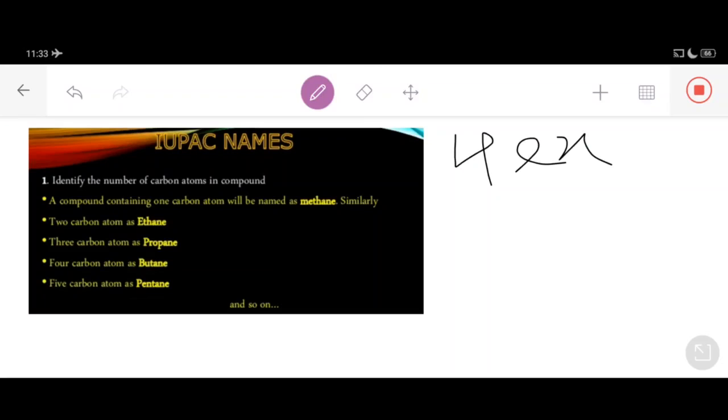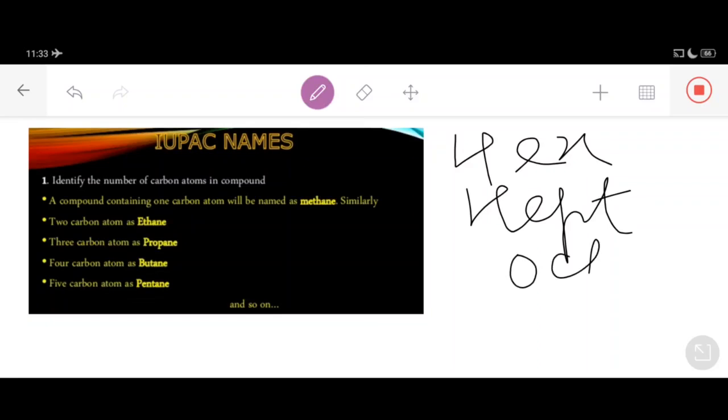Seven carbon atoms are indicated by writing hept, eight carbon atoms by writing oct, nine carbon atoms by writing non, and ten carbon atoms by writing dec, my dear students.